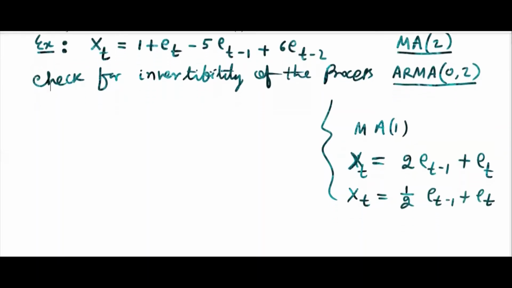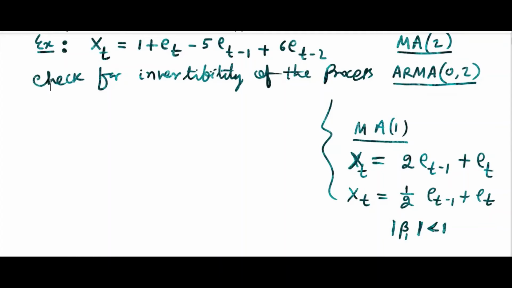This is an MA1 process. Both are stationary, so we will not check stationarity. We will check invertibility. This is invertible if half, mod beta less than 1, or mod beta 1 less than 1. Again remember, we are using this and not proving it here. If you have an MA2 process, the coefficients being less than 1 or greater than 1 decides whether this is invertible. You have to find the characteristic polynomial in a similar way.